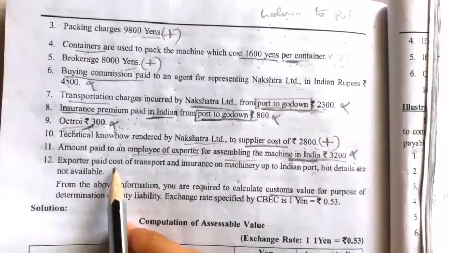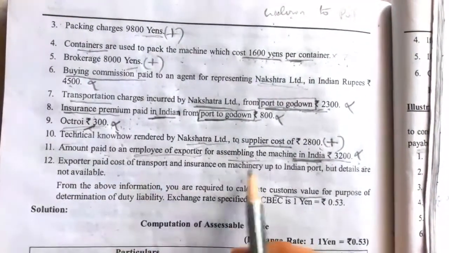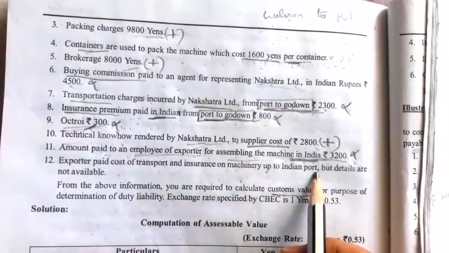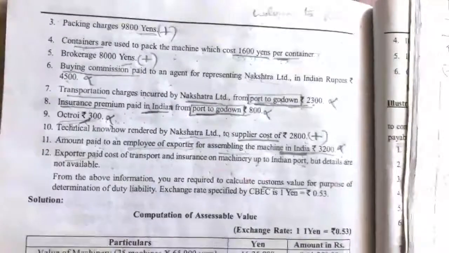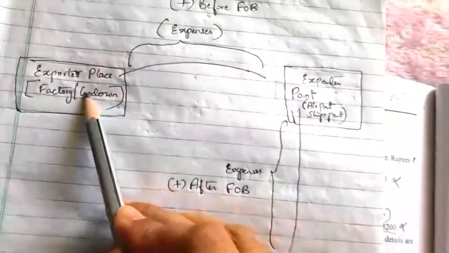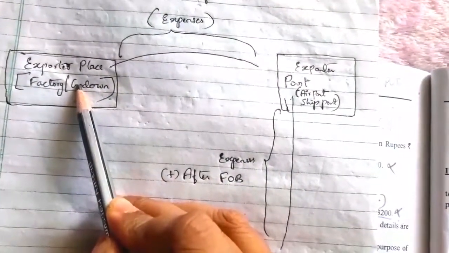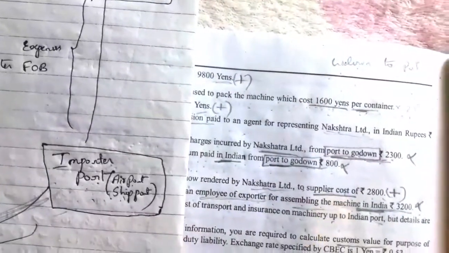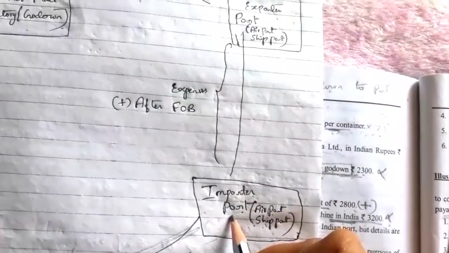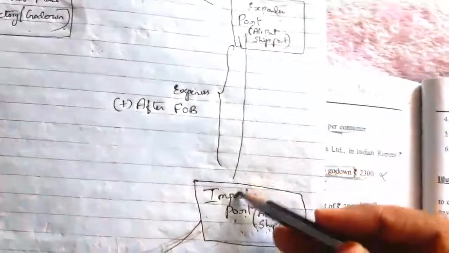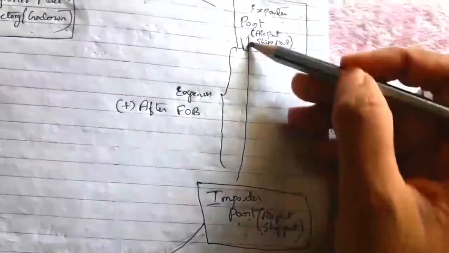Then the exporter paid cost of transport and insurance on machinery up to the Indian port. So the exporter has paid cost of transport and insurance up to the Indian port. Up to the Indian port means that is the transportation and insurance cost relating to this journey.